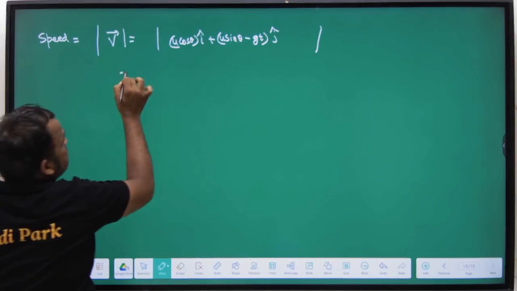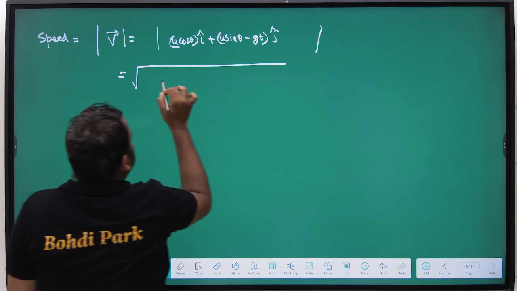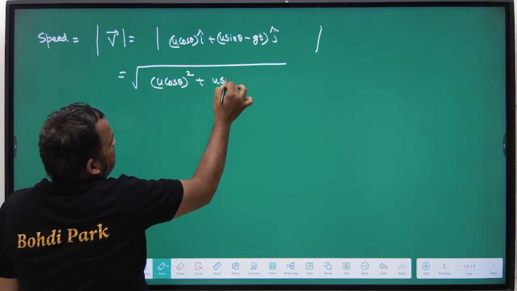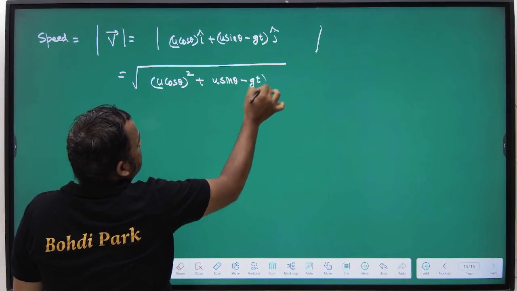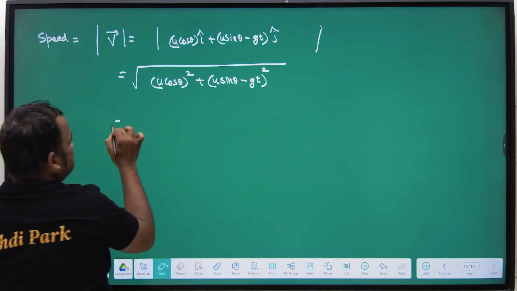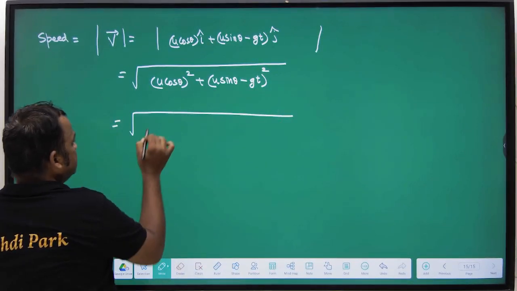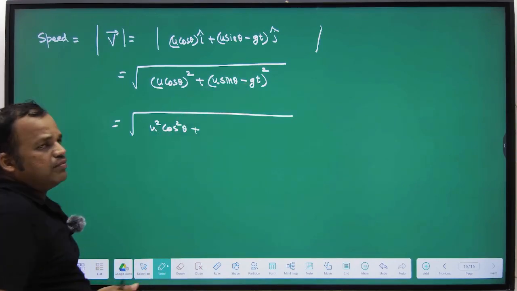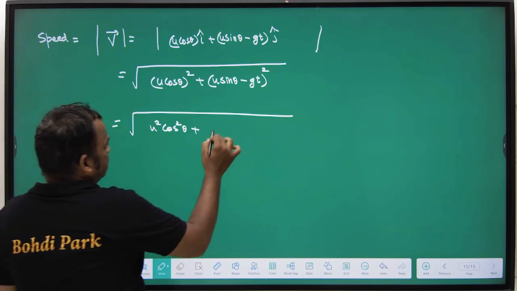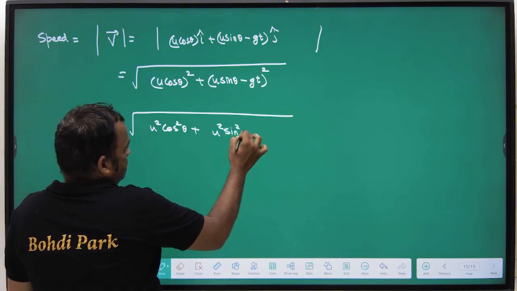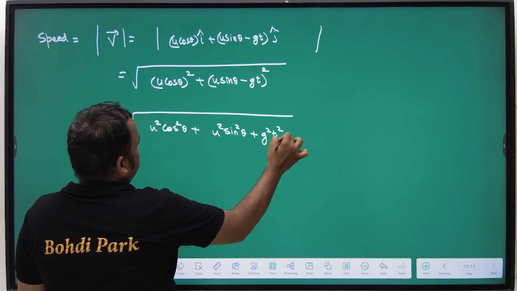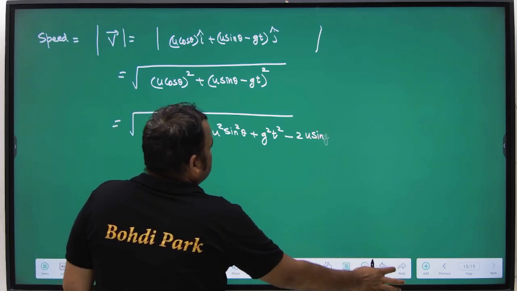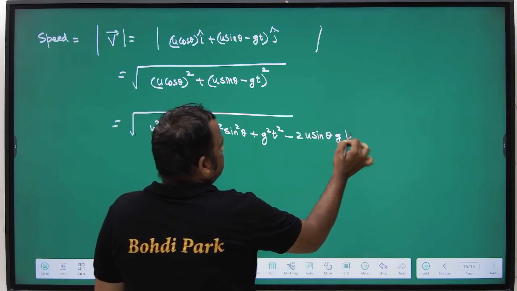j cap. So that is equal to square root of u cos theta whole square plus u sin theta minus gt whole square. We can also write it as u square cos square theta plus, now we are using a minus b whole square, u square sin square theta plus g square t square minus 2u sin theta into gt.